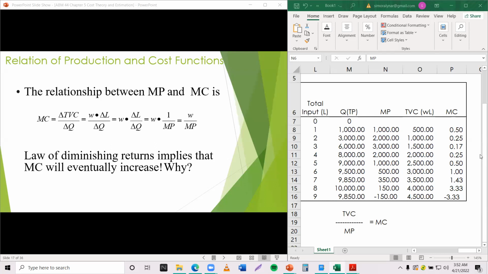So again, in every marginal product produced, there is an accumulation of an increase in cost per unit. That will eventually increase our cost.